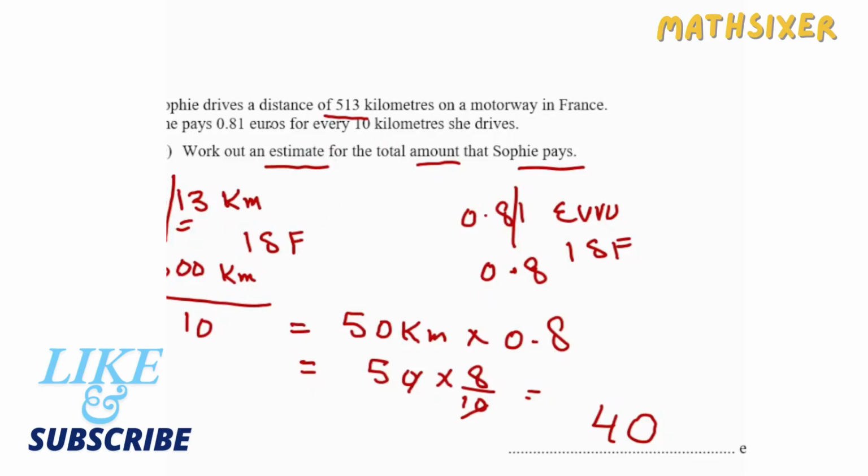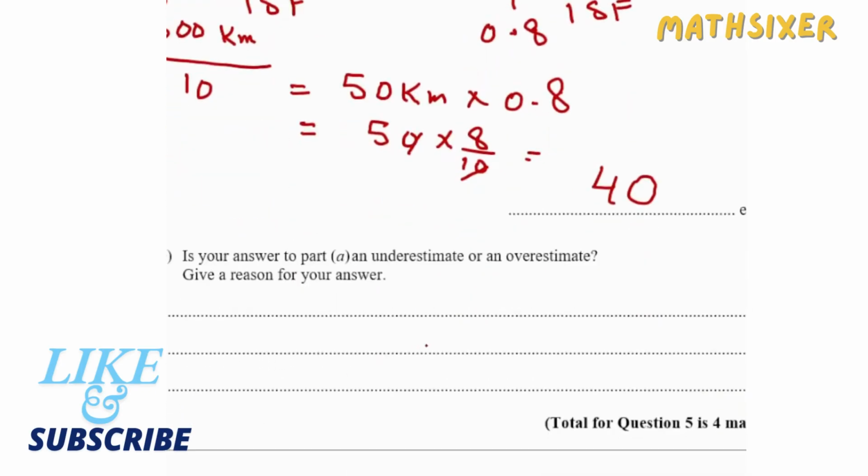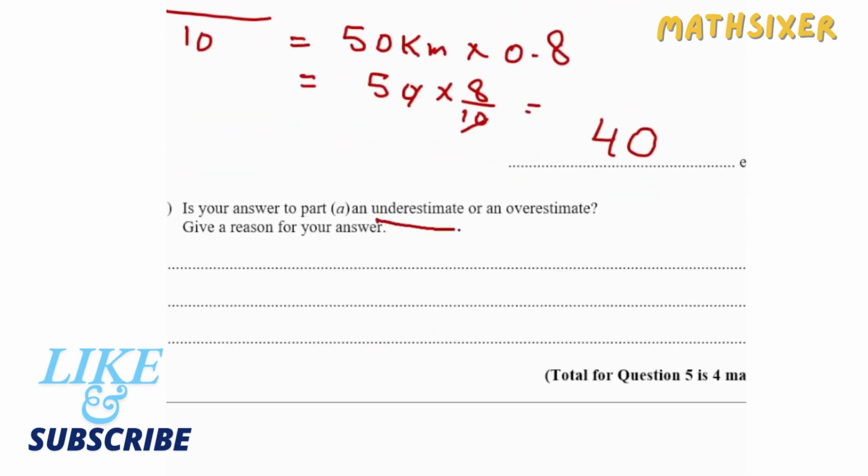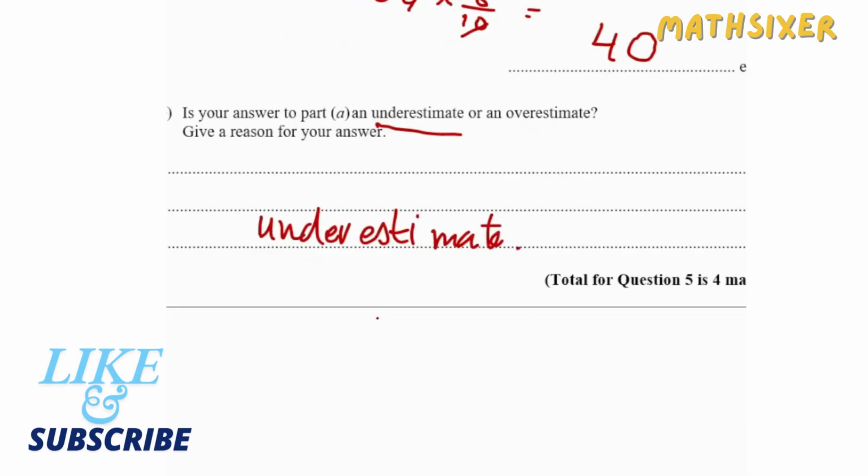And it was 0.81 euros, and we reduced this number to 0.8 euros as well. So originally we reduced both numbers, so that's definitely an underestimate. So our answer would be underestimate. So we've done 5 questions.